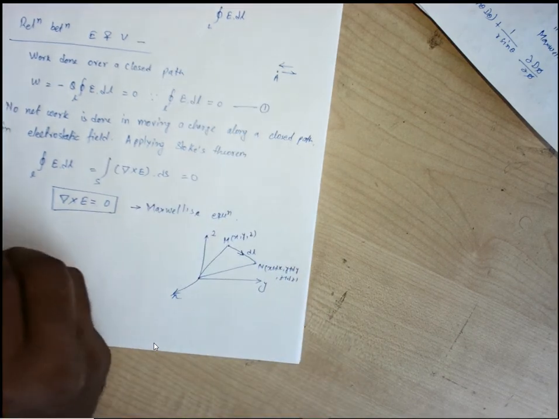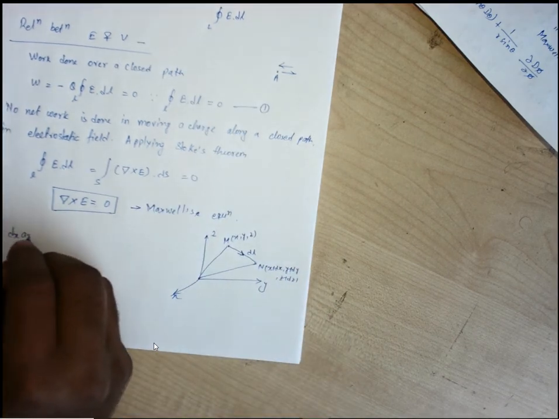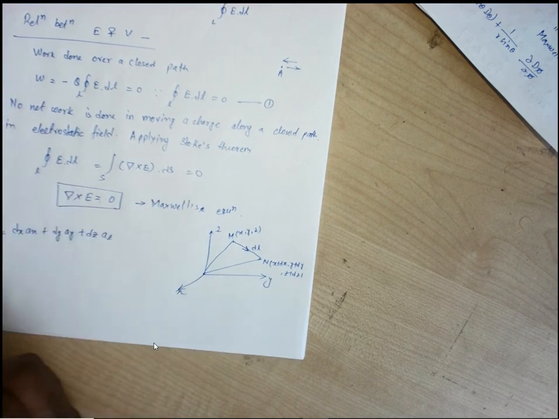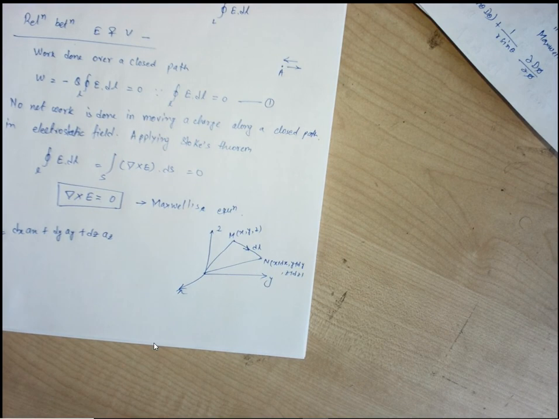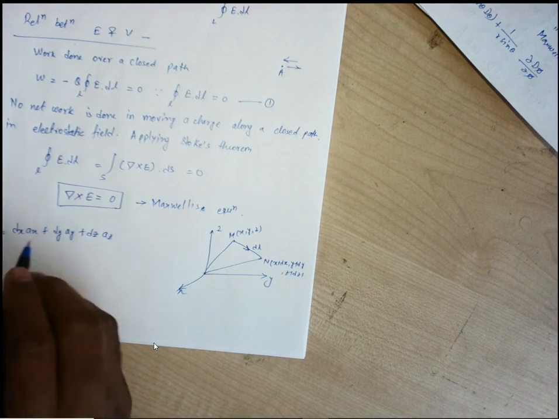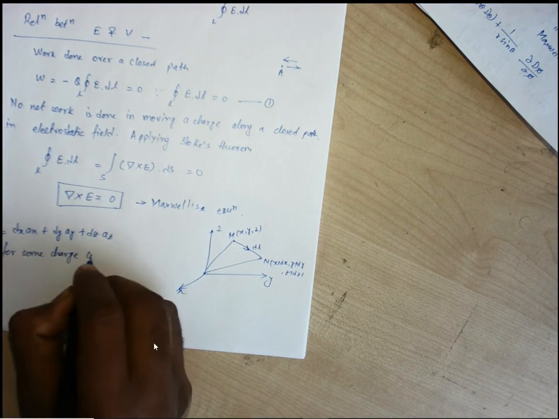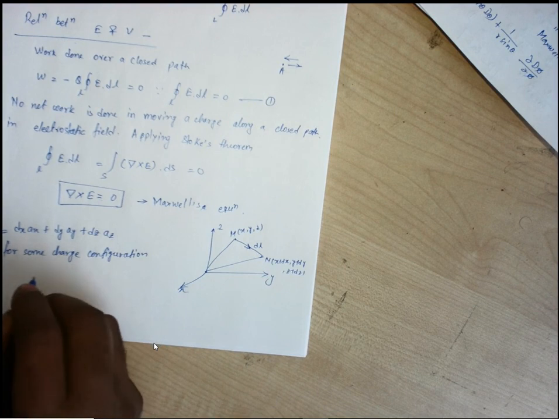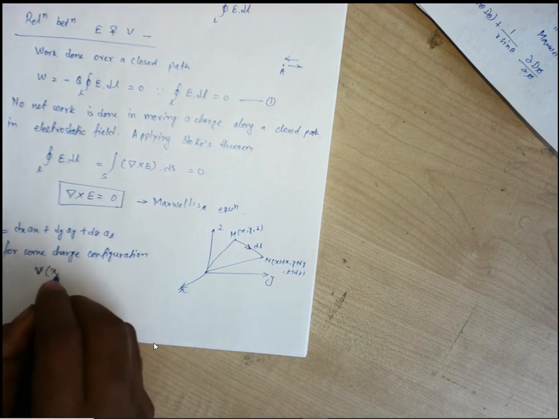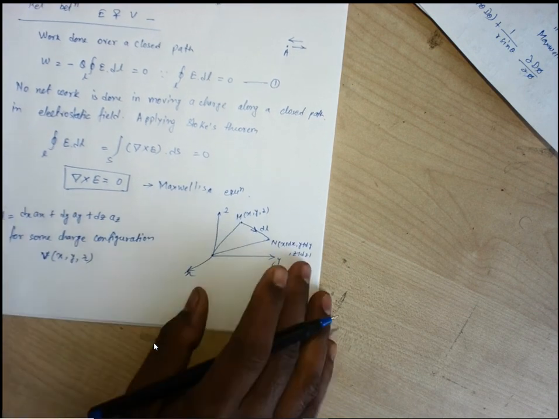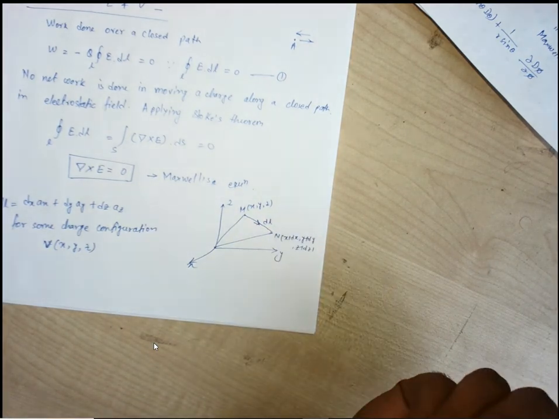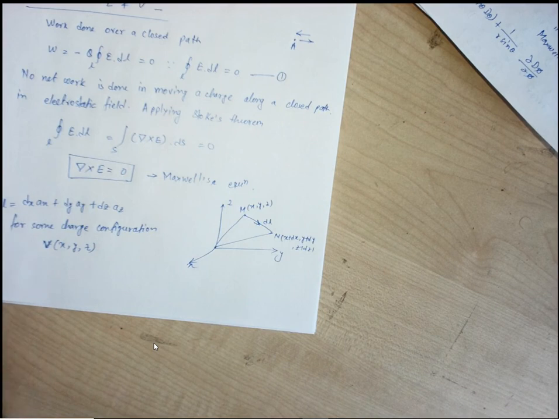So what is this dl? dl is dx ax plus dy ay plus dz az. For some charge configuration, let us consider we have a potential function, V equals V of x, y, z. The potential at point M is different from the point N, so some potential difference exists.